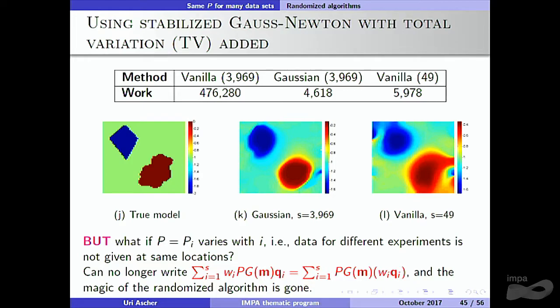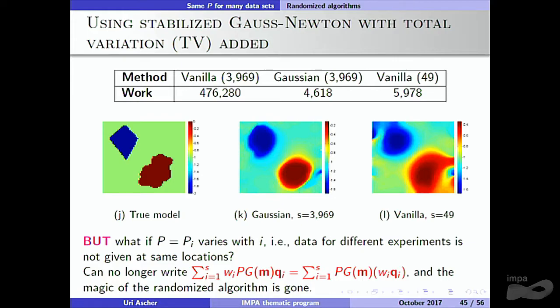Now the problem is, what happens if the P depends on i? What we assumed is the following. Our B is P times Green's function times Q_i, and we are looking at the sum of weights, the vector W: sum of W_i P G Q_i. The trick here is that this W is moved over here, so this is the sum of P G, W_i Q_i. So we form a new source, which is the weighted sum of the previous sources, and solve one PDE instead of many of them.